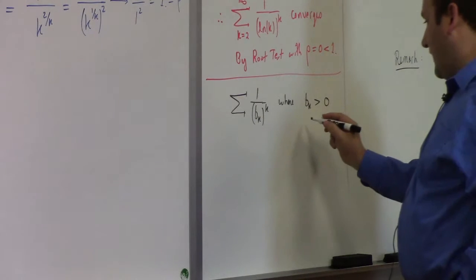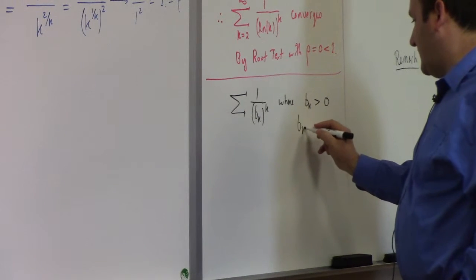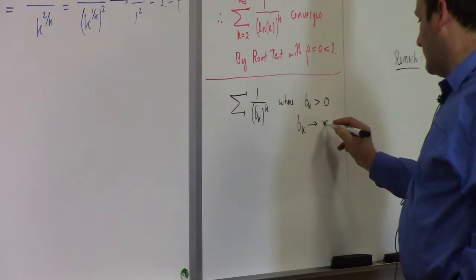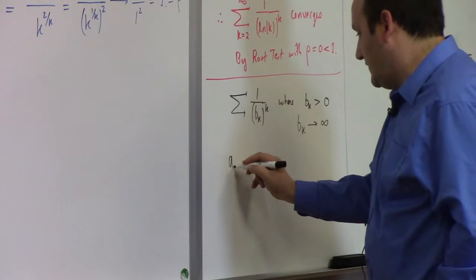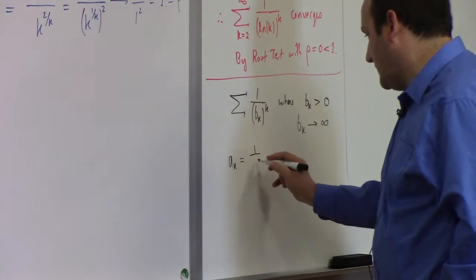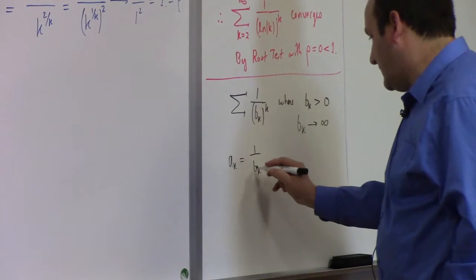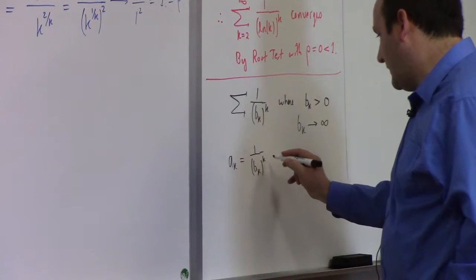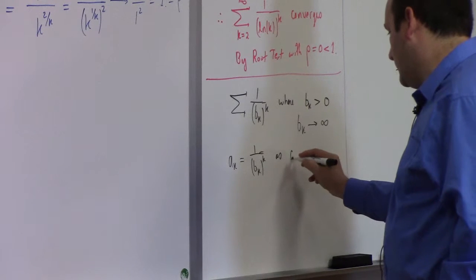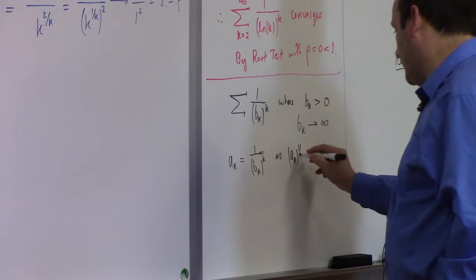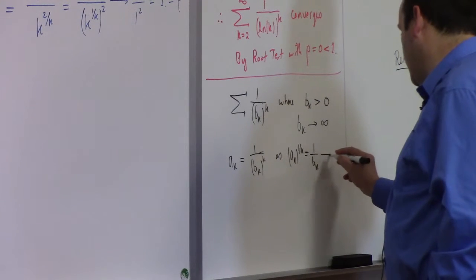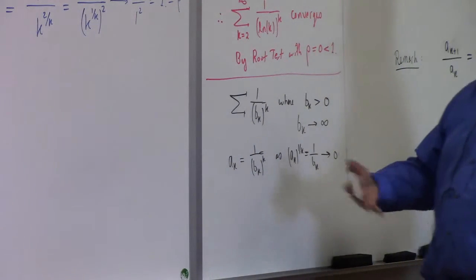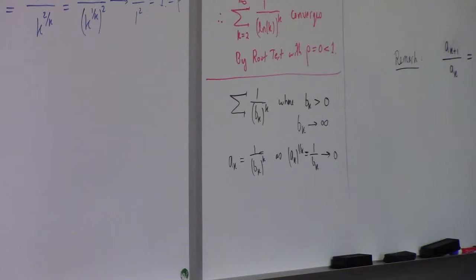And if I also have that b sub k goes to infinity, that's going to do it. Because then a sub k is equal to 1 over b sub k to the k, and a sub k to the 1 over k power is just 1 over b sub k, which goes to 0, and hence, by the root test, that converges.